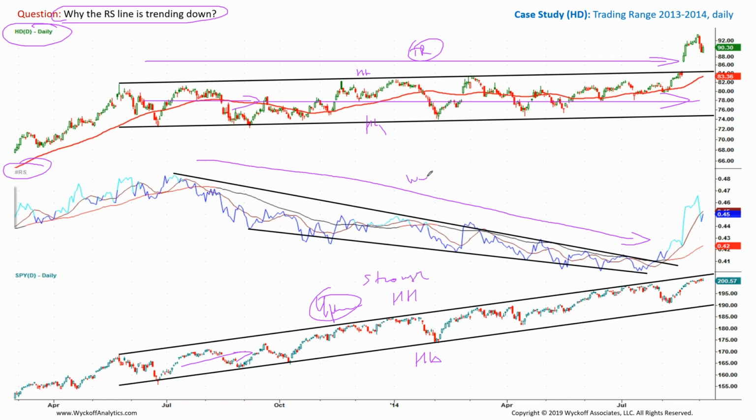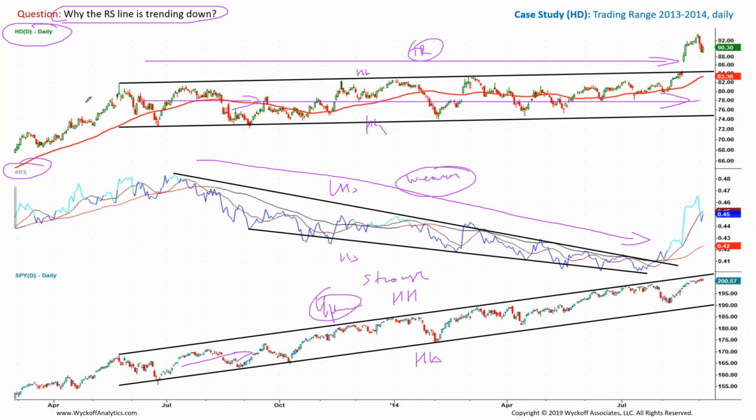Therefore, the stock is weaker, and the relative strength trend is going to be shown as lower highs, lower lows, despite the price being in consolidation for the stock. It's not the structure of the price that would define for us the relative strength of the stock.